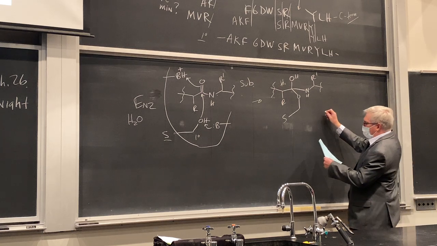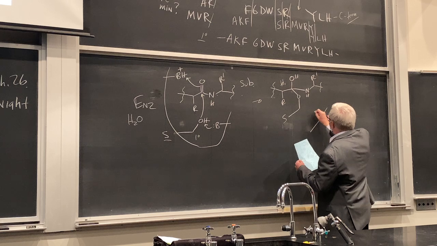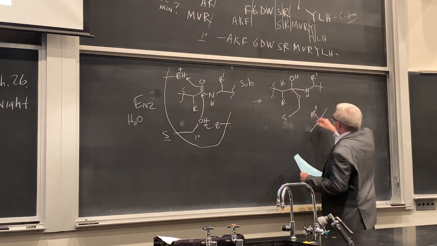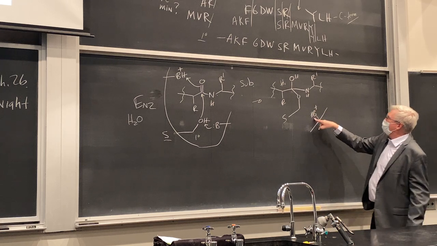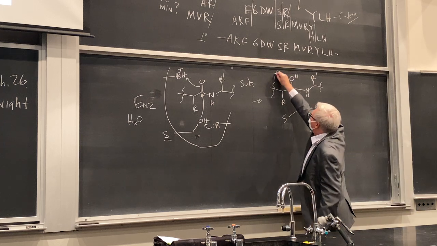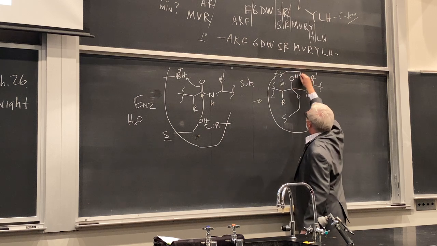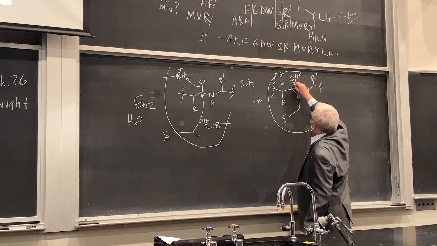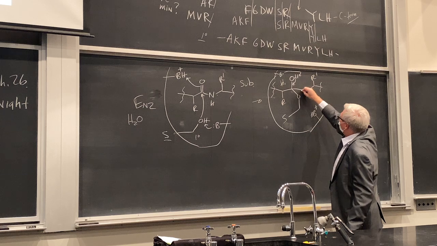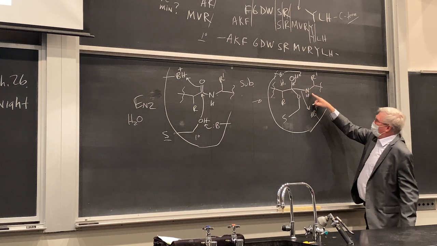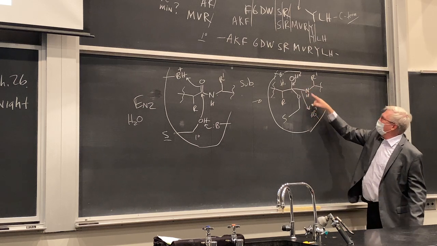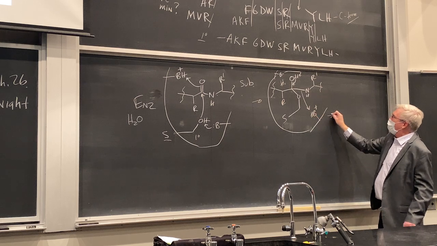Okay, what can go on now? Well, we've got this base right here, which has a proton on it now, right? And we've got this base up here, and this is all part of the enzyme. So this base can take that proton off. These electrons can come back down, and what? Can break the bond this way. This carbon-nitrogen bond is in closer proximity to that now.